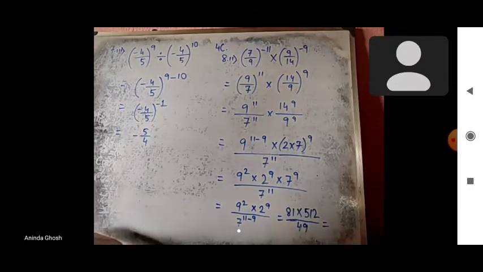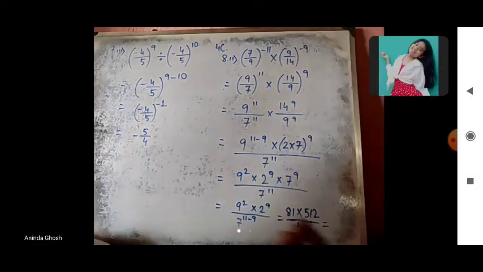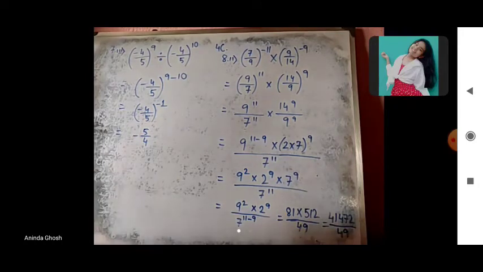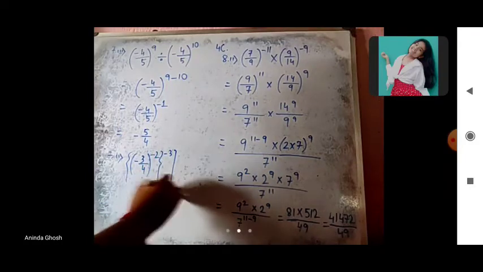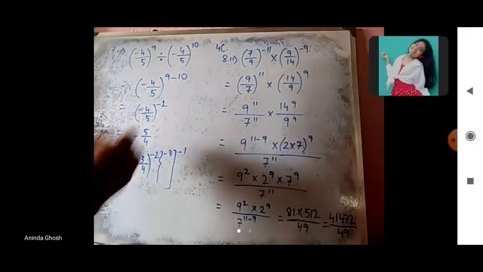So 81 into 512, and we get 41472 upon 49. This is my answer.